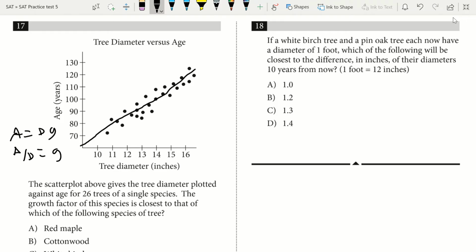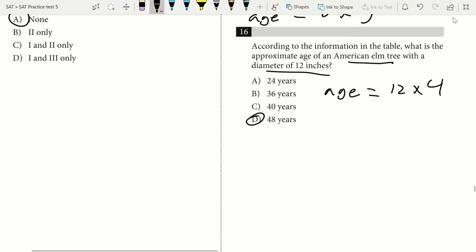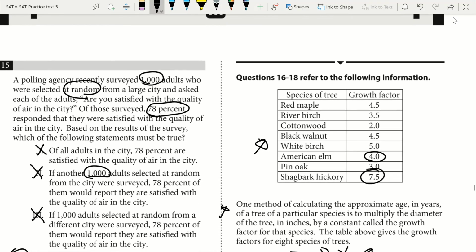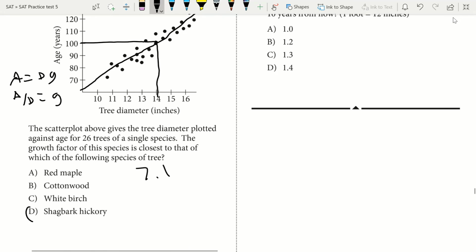And that's what I'm doing here when I draw this line of best fit. So now I'm going to draw over from 100 because that's a nice round number. I see I get 100 over 14, and that'll give me my growth factor. When I do that, I see I get 7.14. So now I just go find which tree that's closest to. 7.14 is closest to the shagbark hickory because there's none other that are close to 7. So my answer is going to be D.